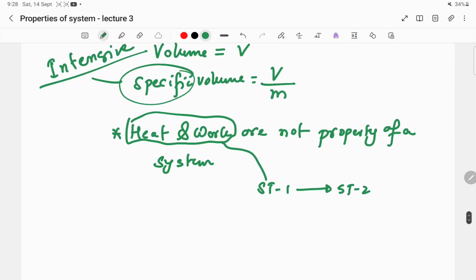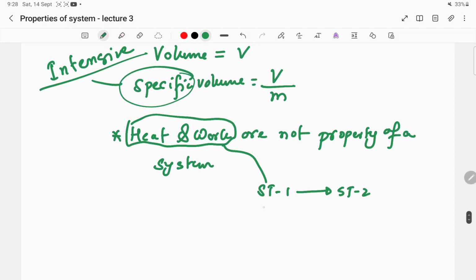Like when the piston goes up and down, it gives us work, right? The piston goes from state 1, let's say pressure 1 bar, to pressure 2 bar, let's say, inside the cylinder. So due to the change in the state, which is called a process, we will get mechanical energy, right?